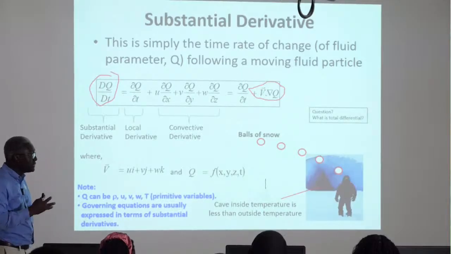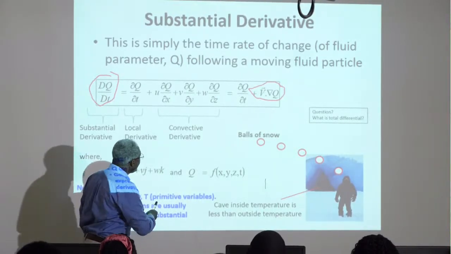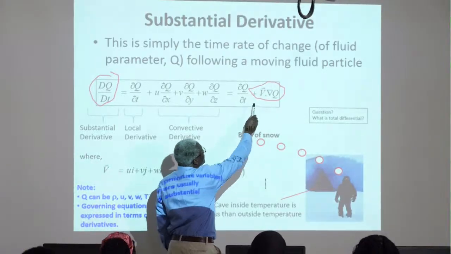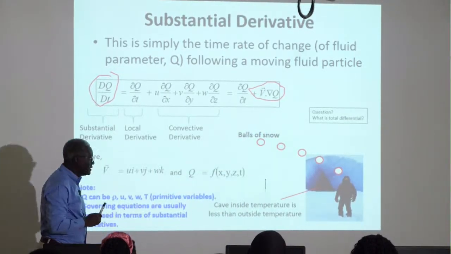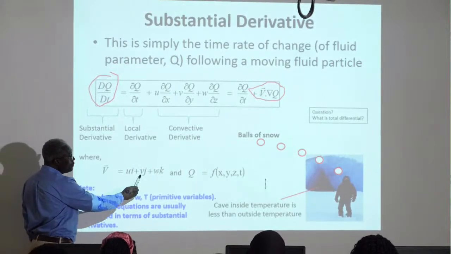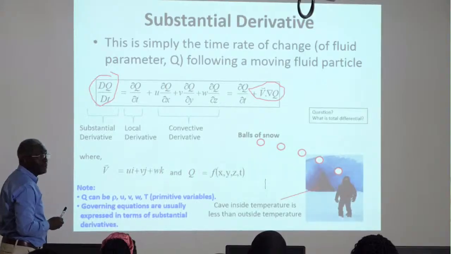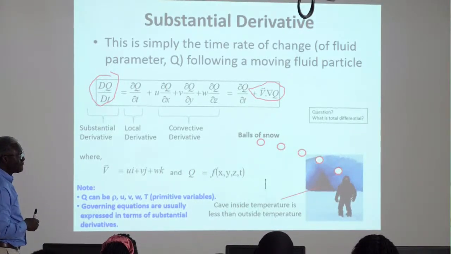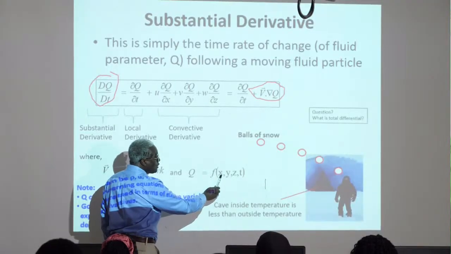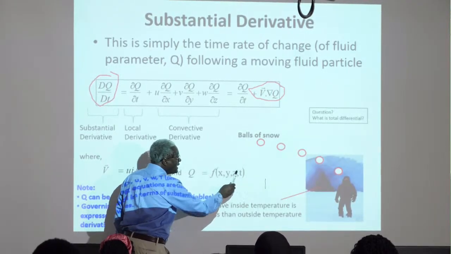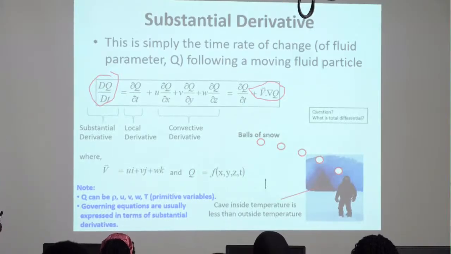Why is that so? Well, note that the velocity is a vector quantity with terms u, v, and w, orthogonal to each other, and the quantity q is a function of x, y, z, and time.